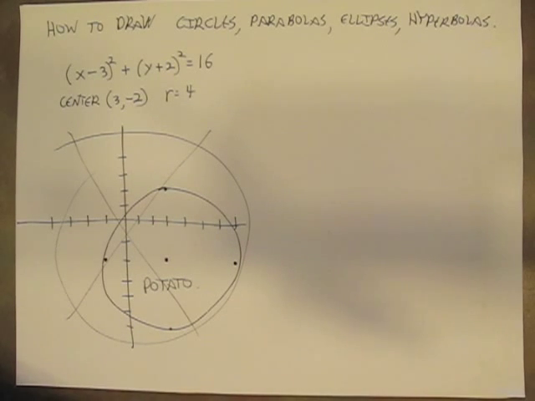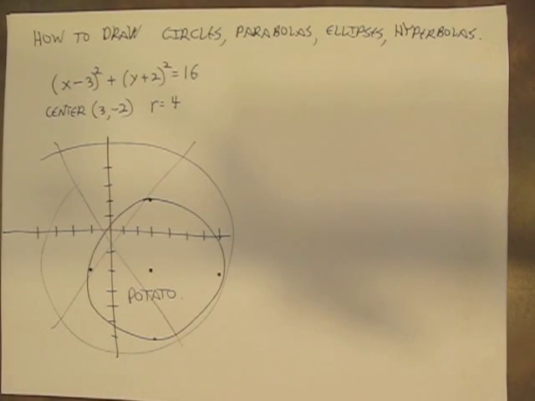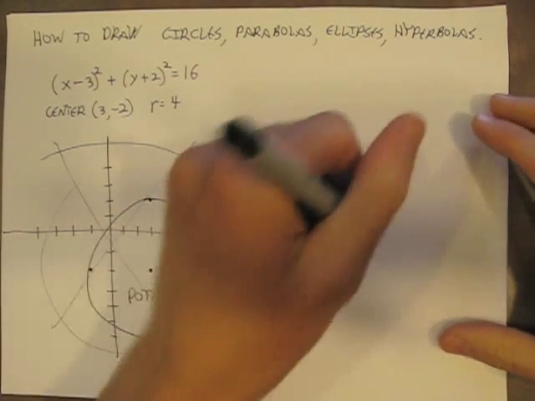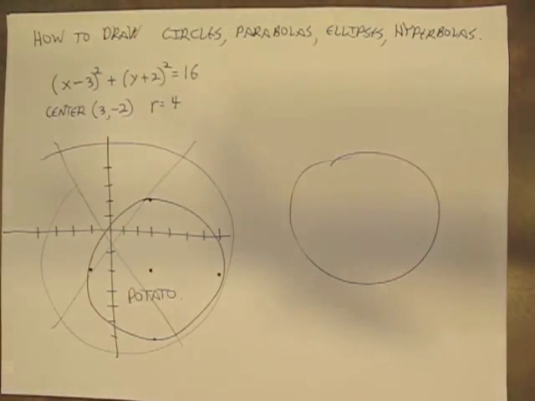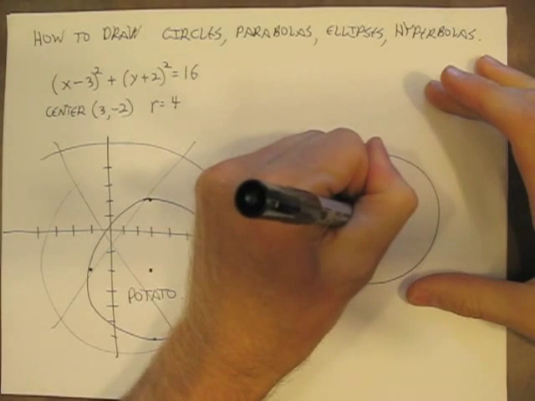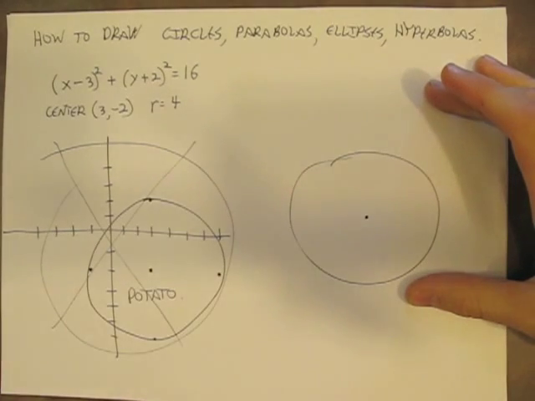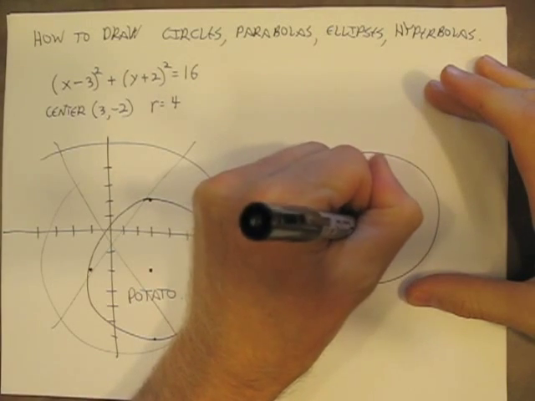Okay, the way that we're going to do circles a different way is our goal is to draw a circle. So we're going to start by drawing a circle. And so there's my circle, and then I'm going to say that the center of my circle is going to be 3, negative 2.